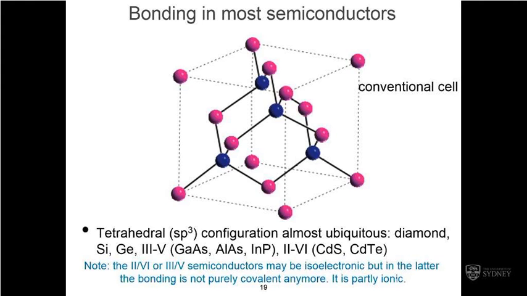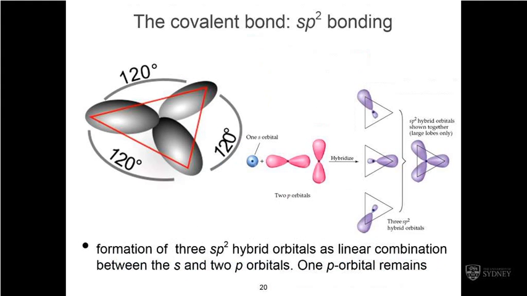Okay, another interesting and important one is so-called sp2 bonding, and you form hybrid bonds with the s orbitals and the p electrons, but only 2 of the p orbitals. And in that way, you can create 3 sp2 type orbitals. When they're centered on an atom in the middle here, they have 3 lobes that will reach out.